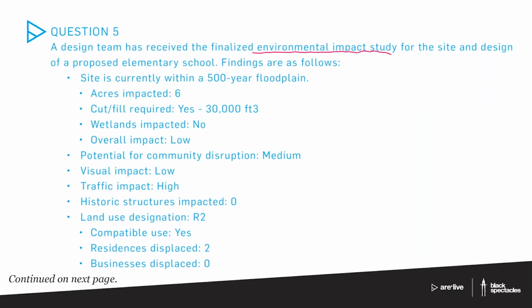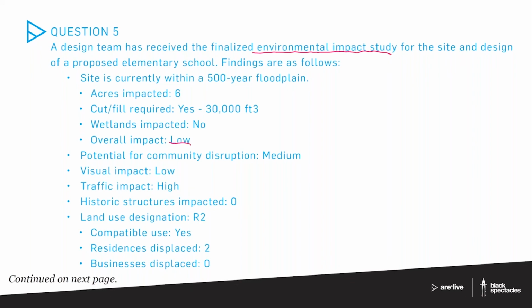It's impacting 6 acres with 30,000 cubic feet of cut and fill required. There's a low impact to the wetlands, and the overall impact is listed as low. So these are all environmental findings, and the summary of the environmental portion of this is that the overall impact is low. So we'll make a note of that.